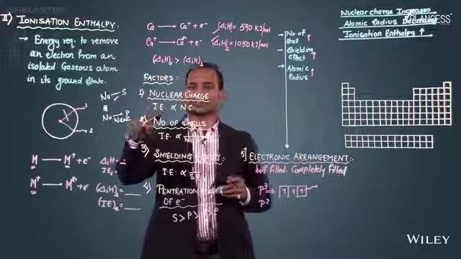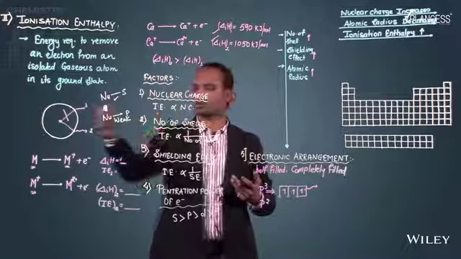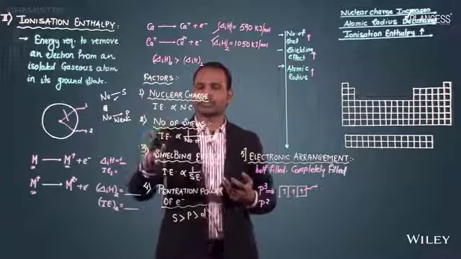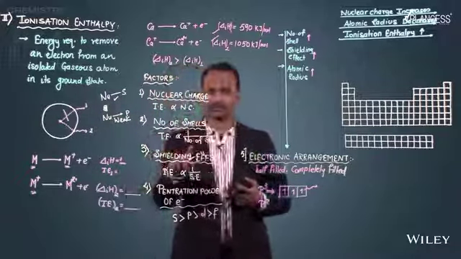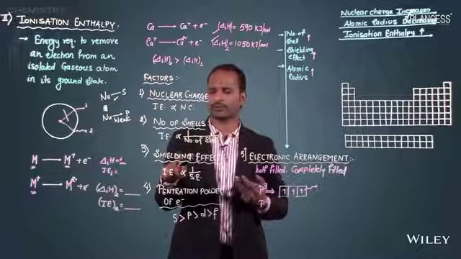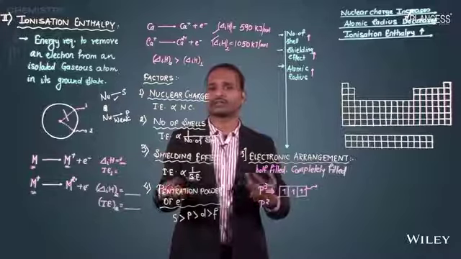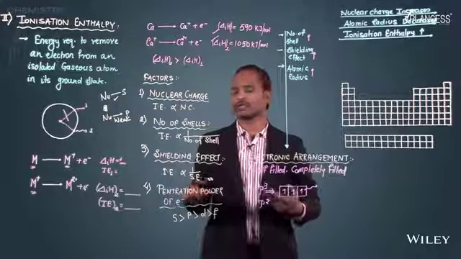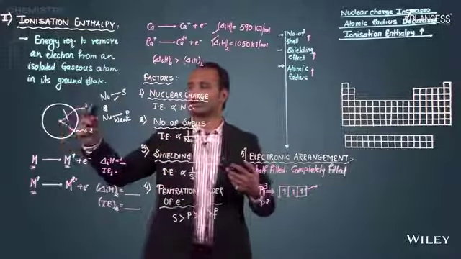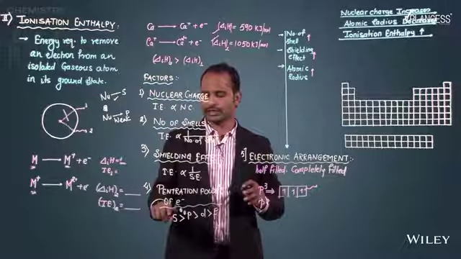Ionization enthalpy is directly proportional to nuclear charge: the more the nuclear charge, the stronger the attraction, the more the energy. Ionization energy is inversely proportional to the number of shells, because as the shells increase, the attraction becomes weaker. It is also inversely proportional to the shielding effect, because shielding is a repulsion produced by the inner shells, which again weakens the force of attraction between the nucleus and the electron, so less energy will be needed.